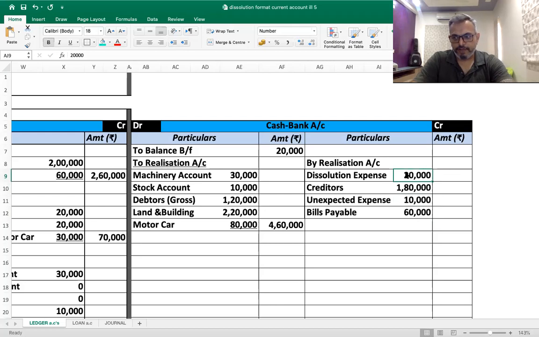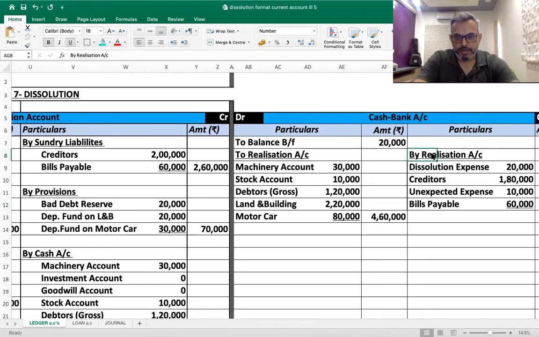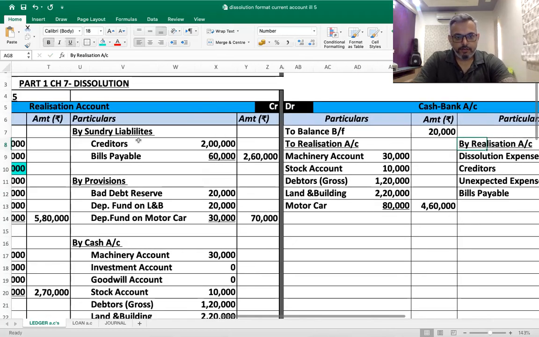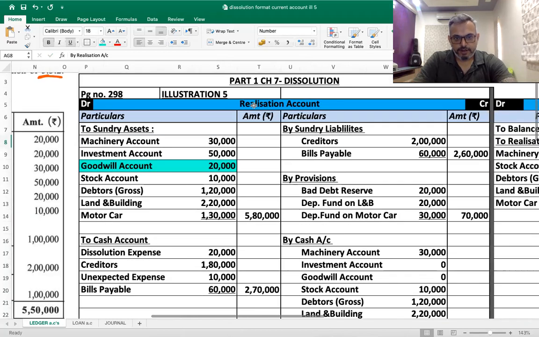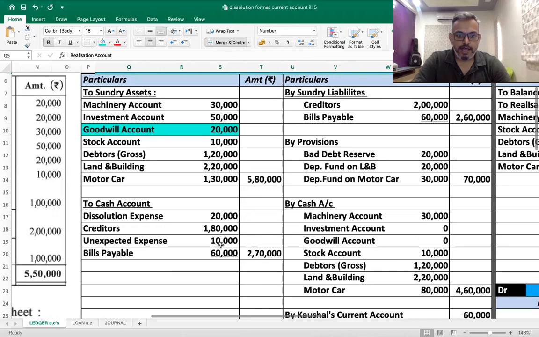Always cross verify: 2,70,000. Now, how will you make the journal entry? Very simple. Realization account debit to cash account credit. We are making payment, cash goes out.